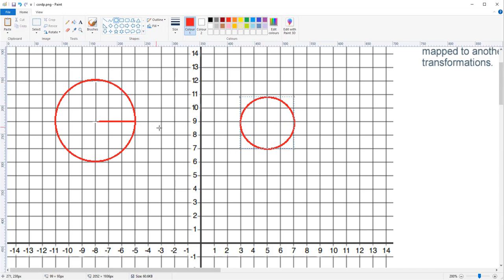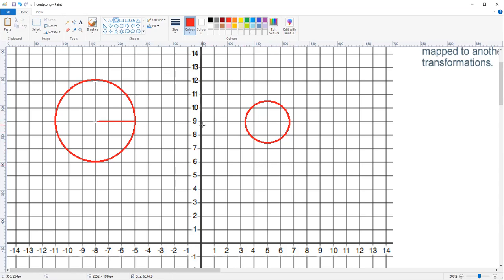Let's say this one's 6, and we'll say that one is 2. Oh my goodness, I really didn't pick an easy one, did I? We'll just do 1.5. 1.5 this way, 1.5 this way, 1.5 this way, and 1.5 this way. Best we can get.